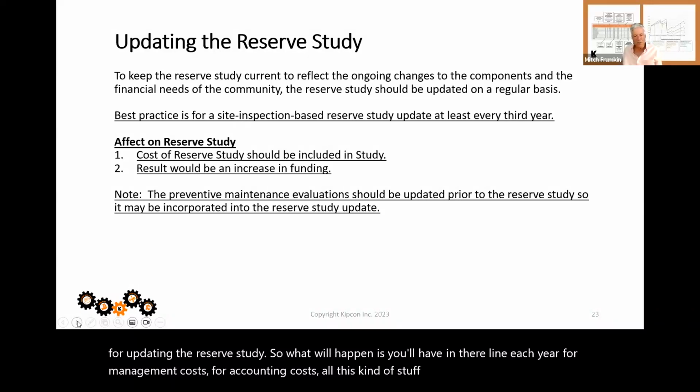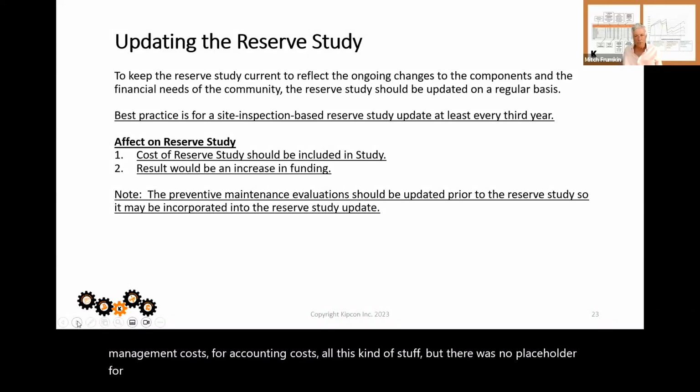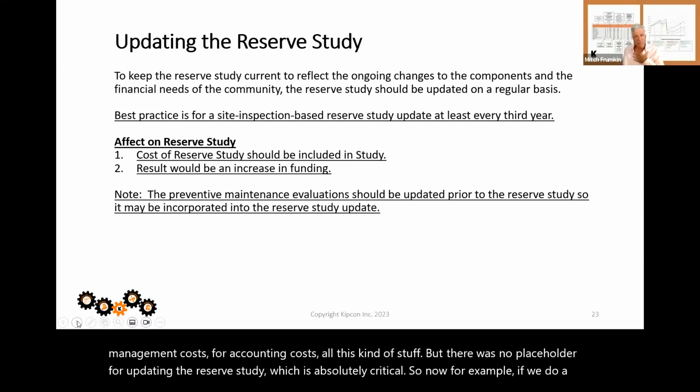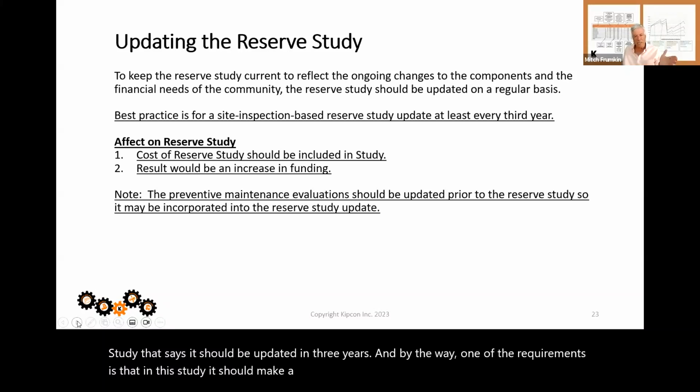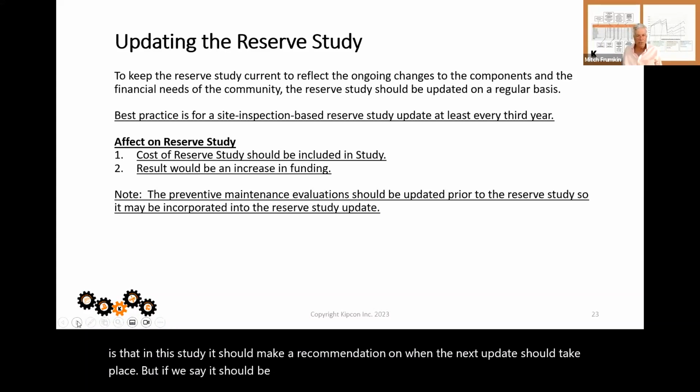But there was no placeholder for updating the reserve study, which is absolutely critical. So now, for example, if we do a reserve study that says it should be updated in 3 years, and by the way, one of the requirements is that the study should make a recommendation on when the next update should take place, but if we say it should be updated in 3 years, the reserve study should include the cost of updating that study in 3 years.